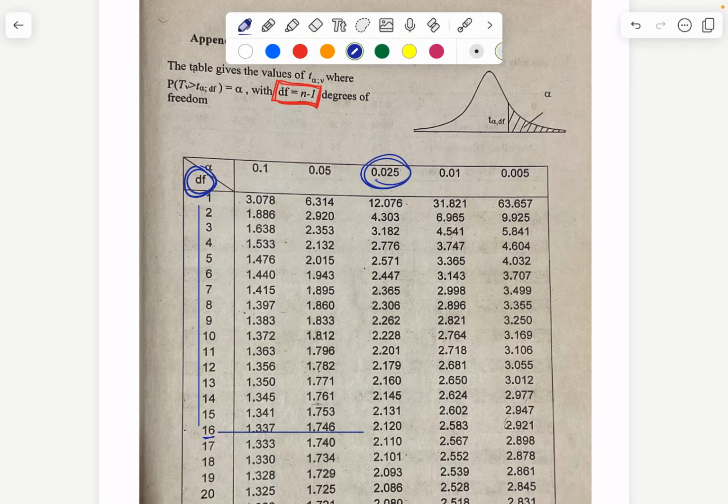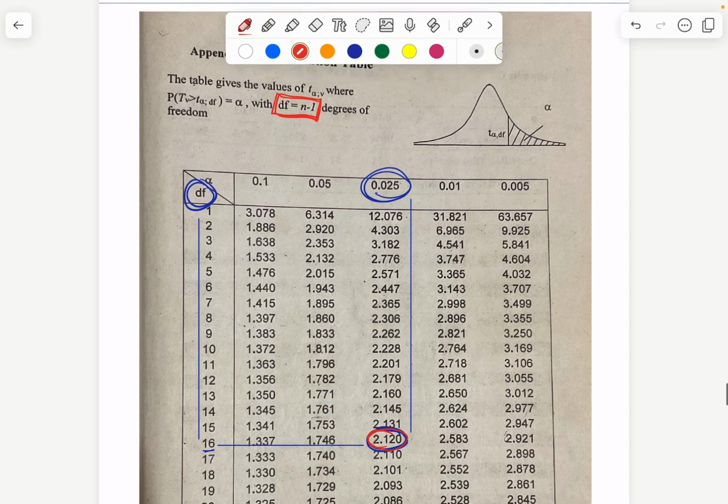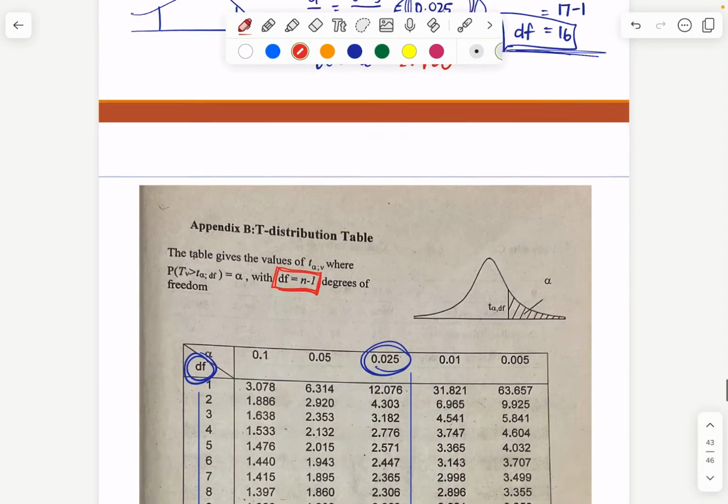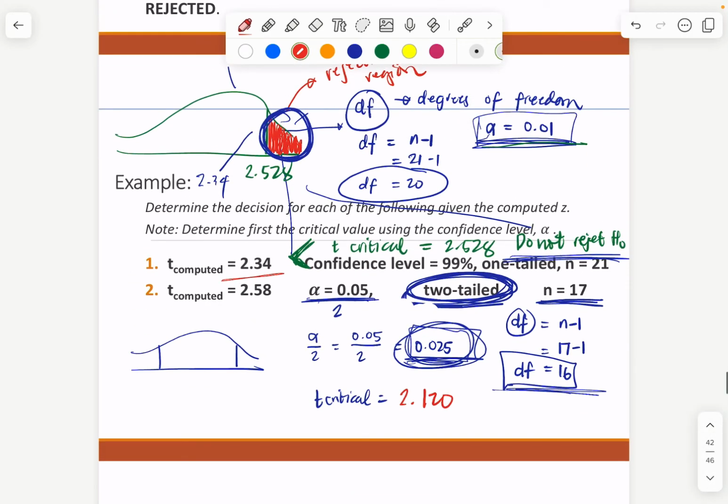Then from the top, go down to the row of 16. Whatever value is there, that will be your T critical. So we have a T critical value of 2.120. Is that correct? Okay, that's correct. 2.120. Now, let's compare it with T computed.